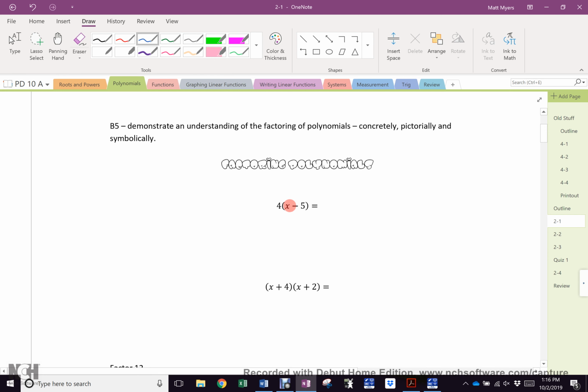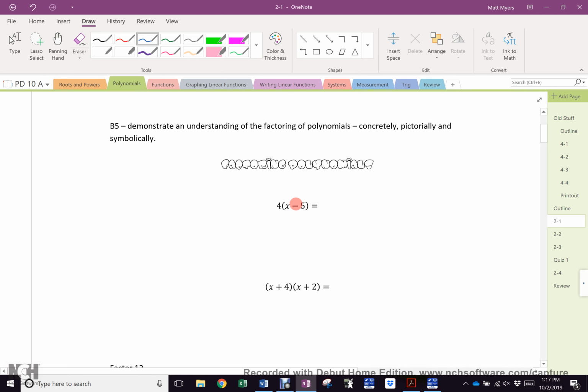What do these brackets do to x minus 5? They keep it together as one thing. Why is there an x there? Because we don't have a number for it, right?